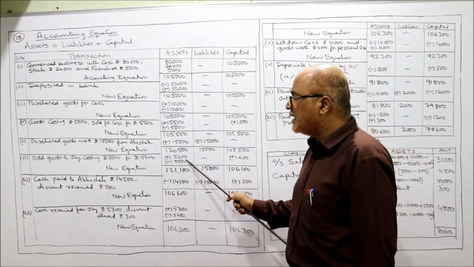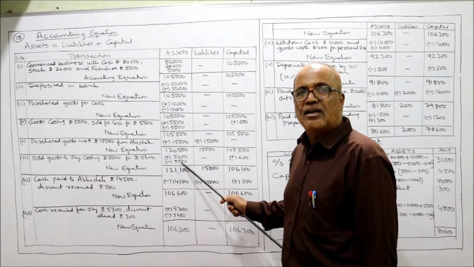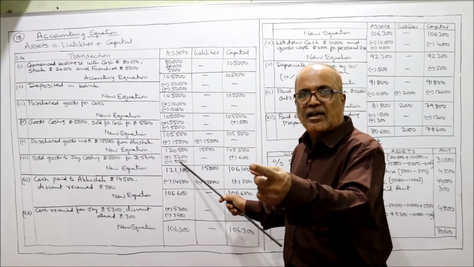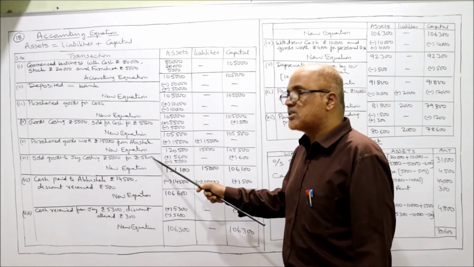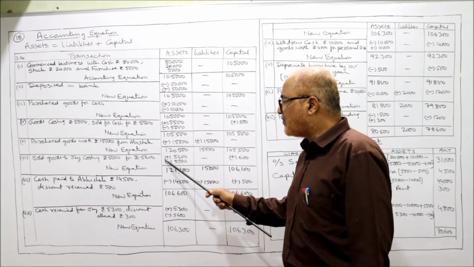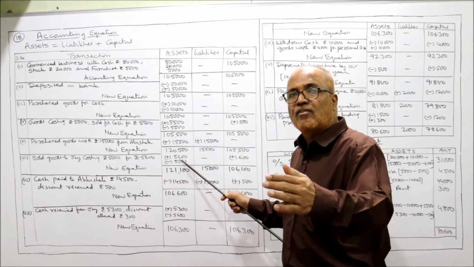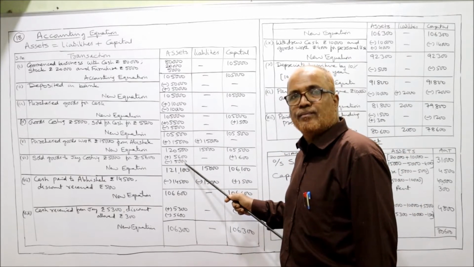Now we are selling the goods to J. J is a customer, so the customer is a debtor. In future we have to get the money. How much amount do we have to get? 5,600. So debtors plus 5,600. How much worth of goods are going out? 5,000, so minus 5,000.